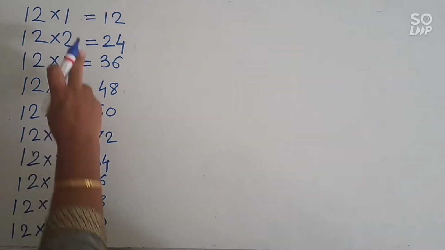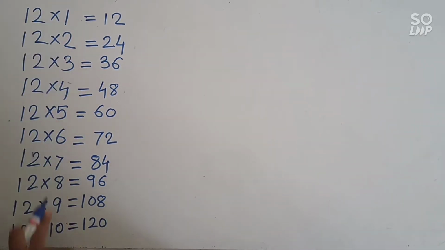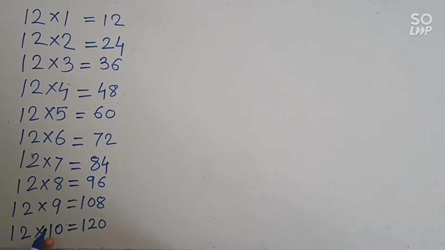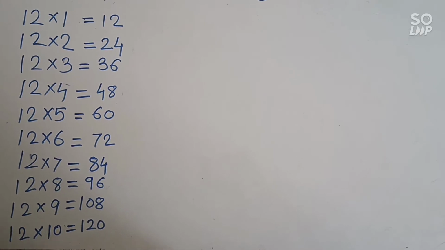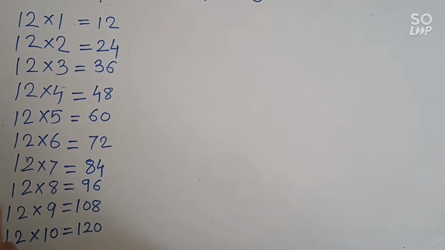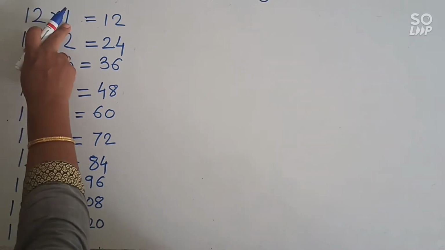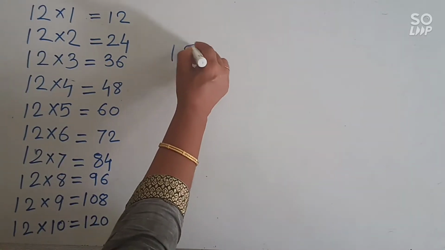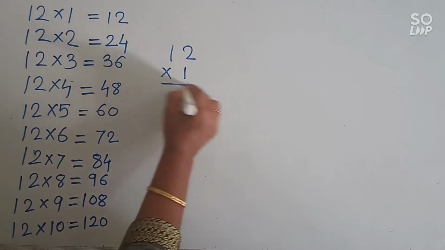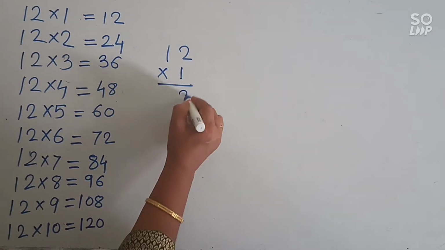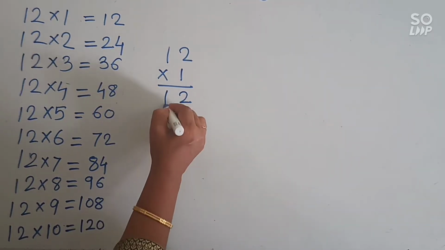Means children, if you know the table of 1 to 10, then only you can make other big tables. Like, look here, 12 ones are 12 means what? Like this. Okay, means 1 two is 2 and 1 one is 1.